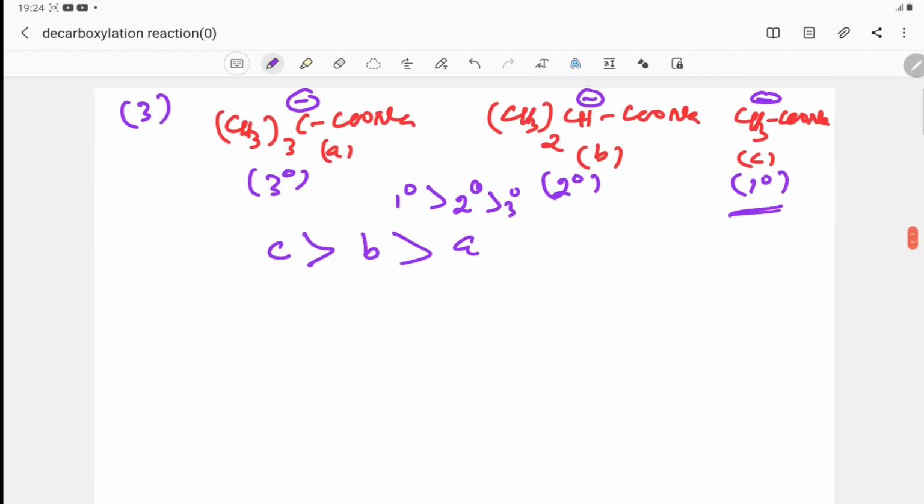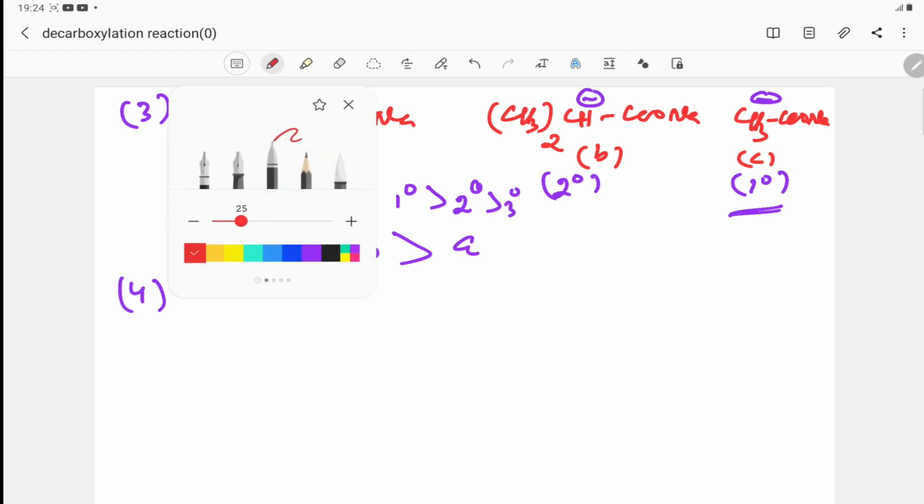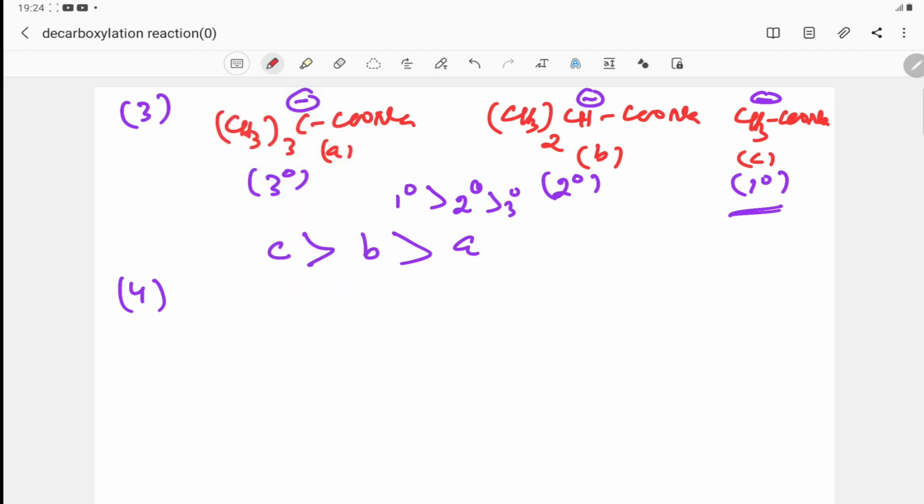Okay, then the fourth example. Similarly we can take, it requires practice: CCl3COONa, this is one salt of one acid.